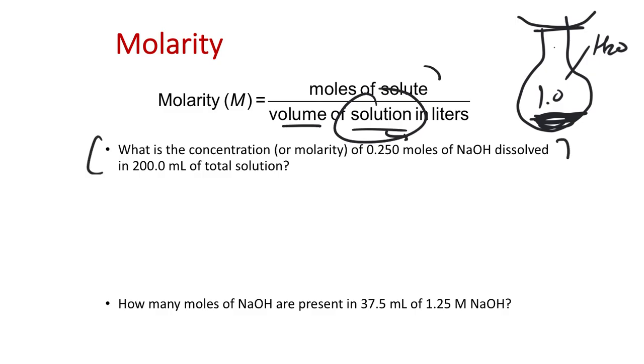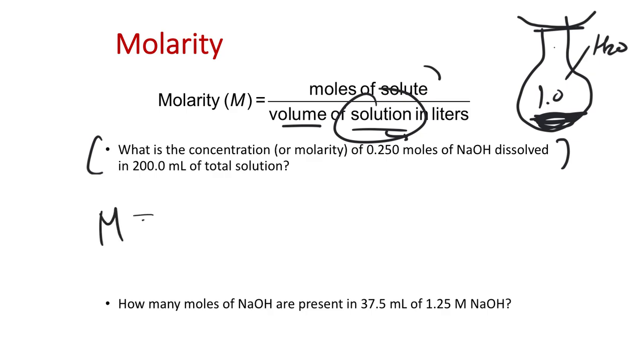So let's look at a few different problems on solving for what a molarity is and how we can use molarity in some problems. So we'll often say, what is the concentration, either moles per liter or molarity, of 0.250 moles of sodium hydroxide dissolved into 200 milliliters of total solution?